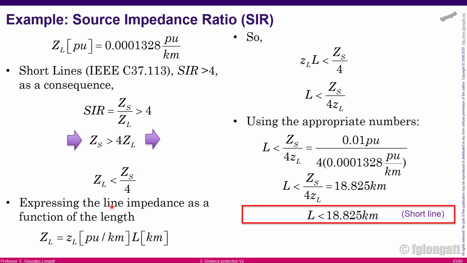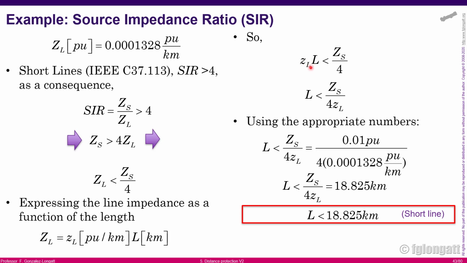What we need to remember is that the total impedance of the transmission line is the product of the per unit per kilometer impedance multiplied by the length in kilometers. From there, we put it inside this equation over here. Now we are using lower case z to represent per unit per kilometer, and the letter L represents the length.